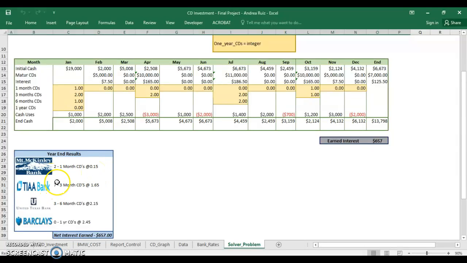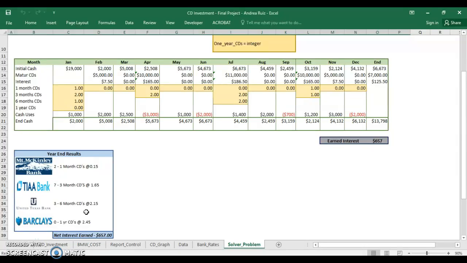I also should buy 7 3-month CDs at the rate of 1.65%. I should buy 3 6-month CDs at 2.15%, and I shouldn't buy any 1-year CDs according to Solver.